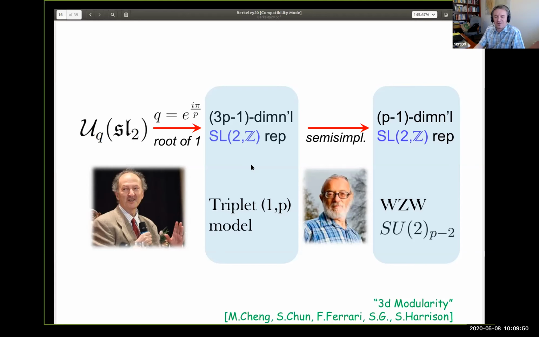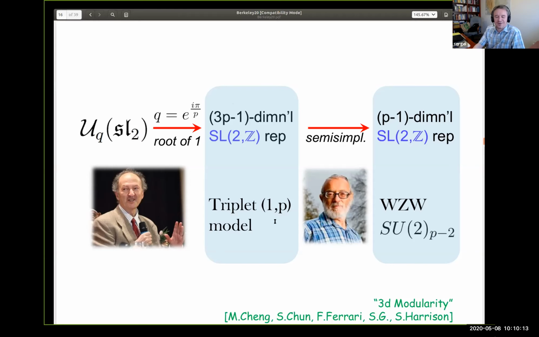That's actually related to this Verlinde MTC that we discussed before. But this is something that's obtained from what we just constructed by applying additional operations. So it's a 2-step construction. And the Verlinde representation is much smaller. In this case, it would be of dimension p minus 1. It actually sits inside this one.